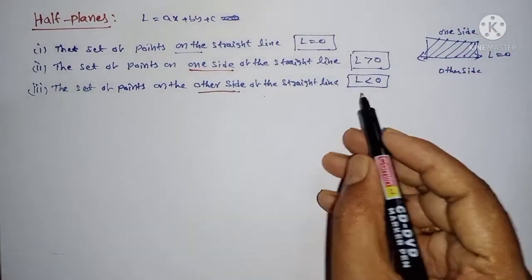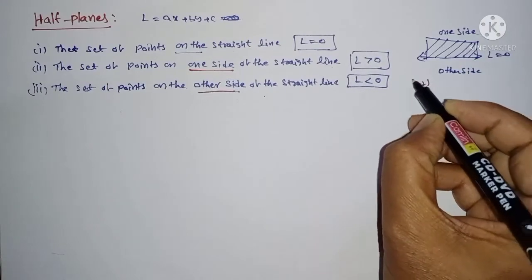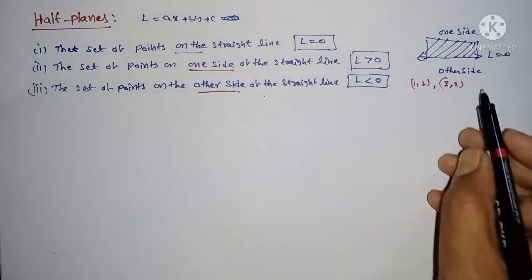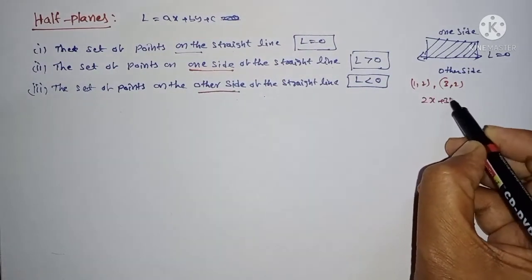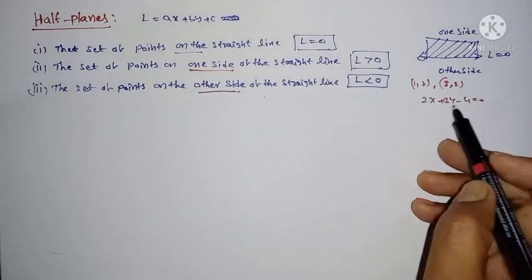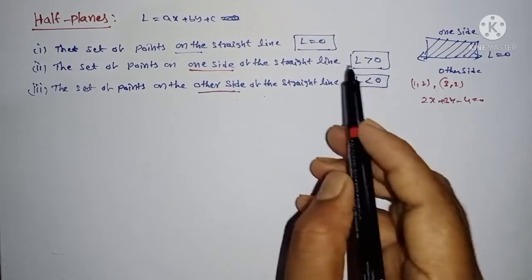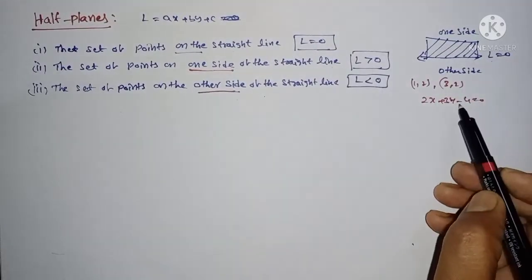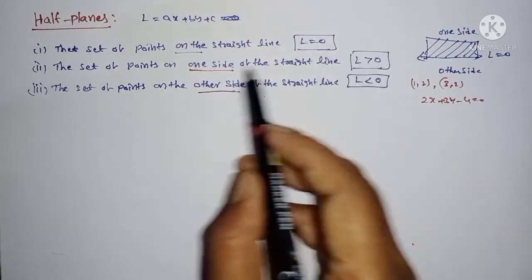For example, take the points 1, 2 and 3, 2, with L equal to the equation 2x plus 3y minus 4 is equal to 0. You substitute these two points. If you get L is equal to 0, the point is on the line. If you get a value greater than 0, it is on one side only.